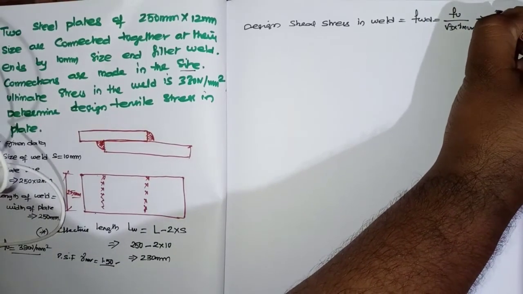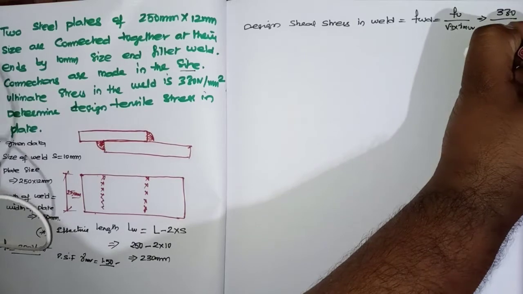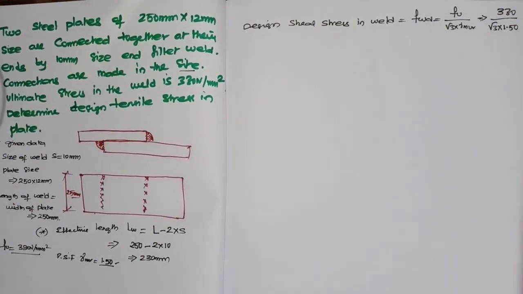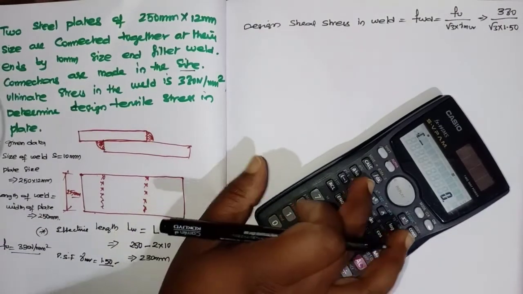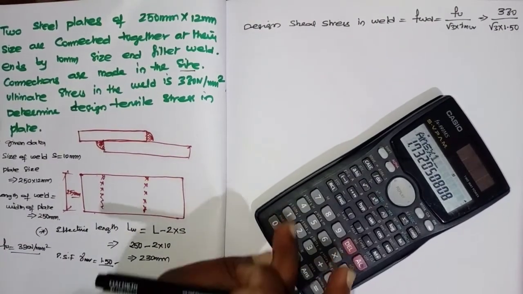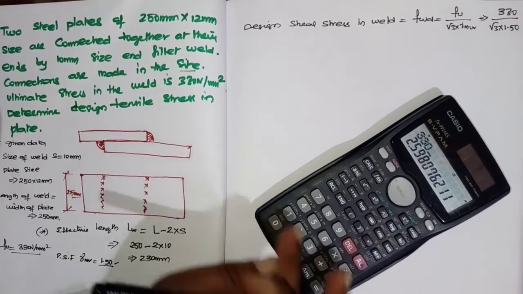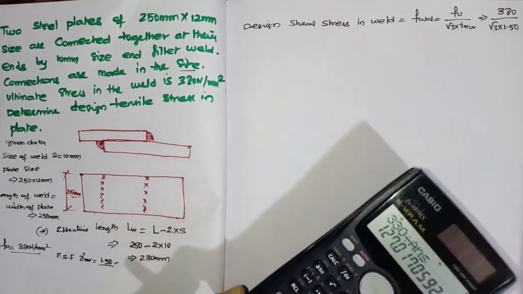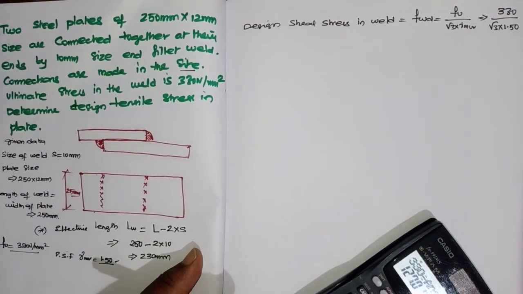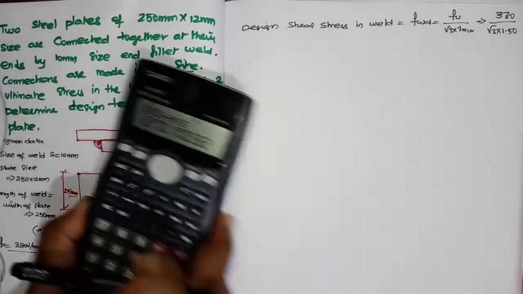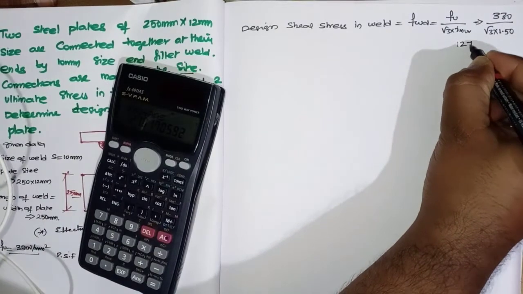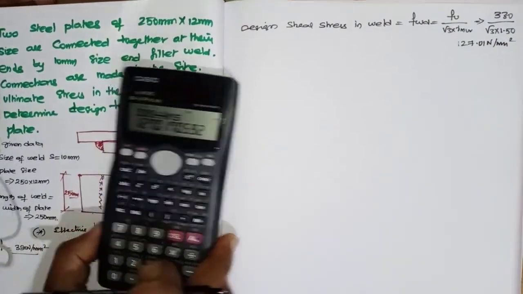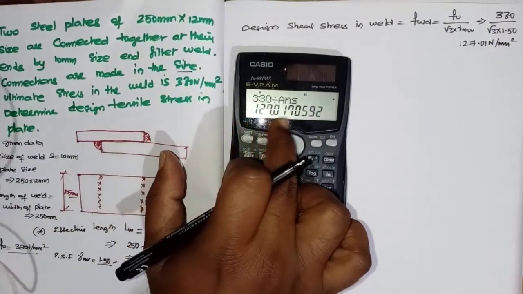What is FU? 330 divided by root 3 into 1.50. So root 3 into 1.5, then 330 divided by that value. How much do you get? 127.01 Newton per mm square. So see, 127.01.